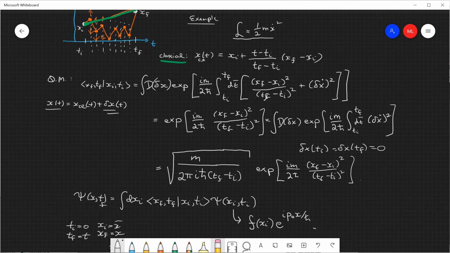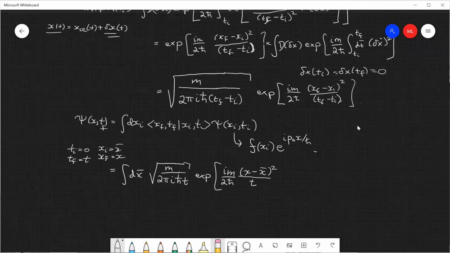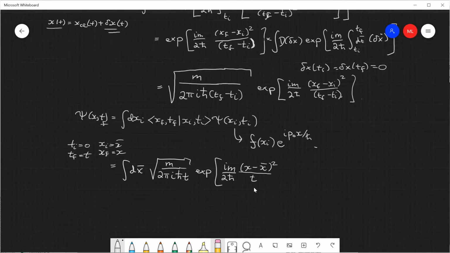So I'm missing the fact that the classical thing just has one power of t_f minus t_i in the bottom there. I don't know if you guys caught that. So when you integrate this, you multiply this by t_f minus t_i. So one of those factors cancels. So this is actually just over t, not t squared.